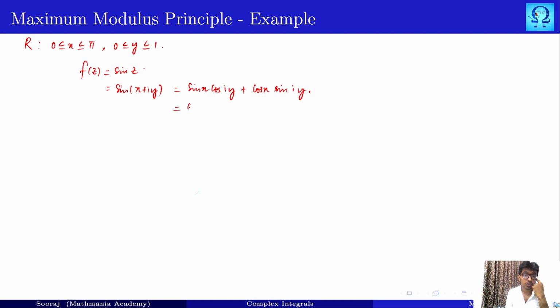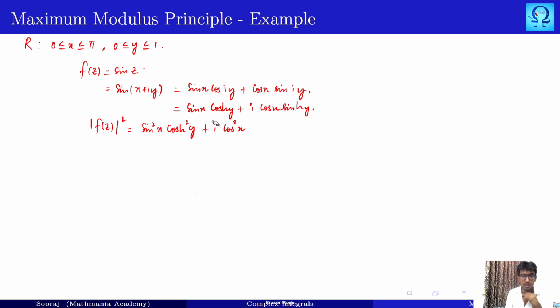So if you write |f(z)| squared, this is sin squared x cosh squared y plus cos squared x sinh squared y.